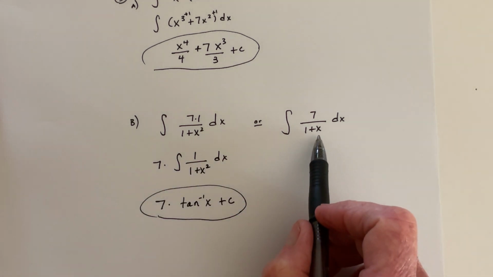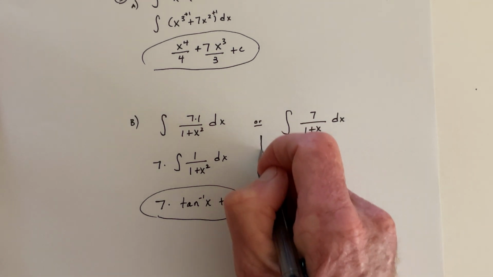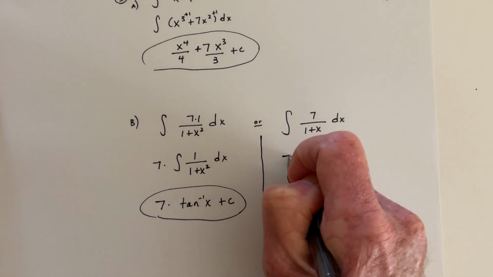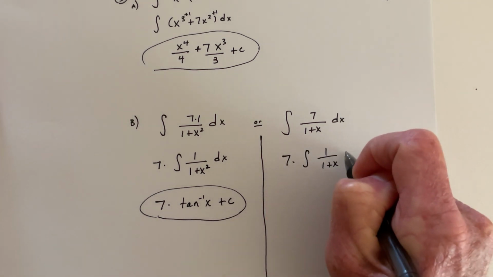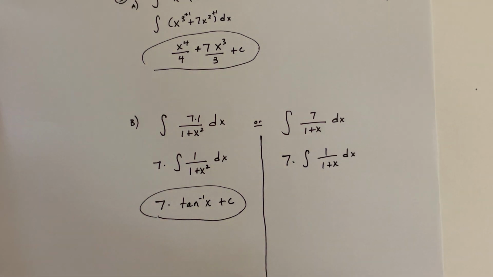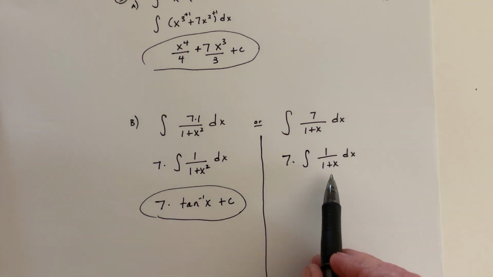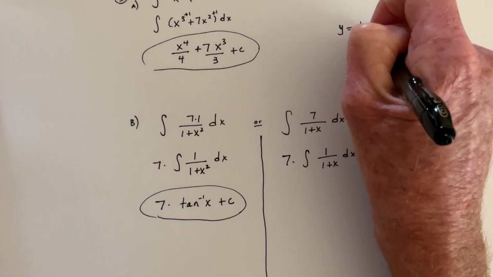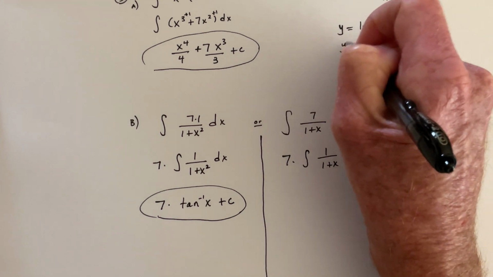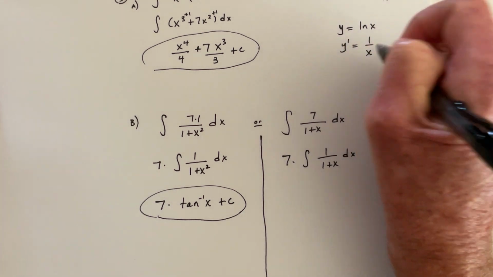And then this one is almost the same, except I didn't put the square on it. So you can factor out this 7 like last time. And then if you look at this one, this is very much like the natural log, because if you have y equals the natural log of x, its derivative equals 1 over x.